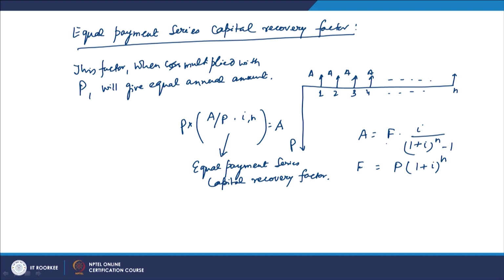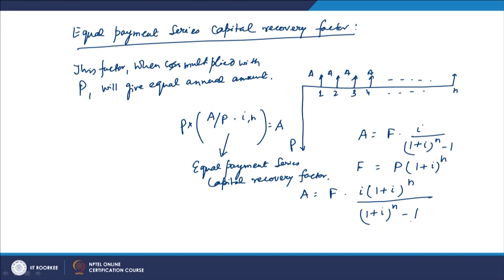If this F is replaced with this expression, then A is equal to P into i into (1 plus i)^n divided by (1 plus i)^n minus 1.